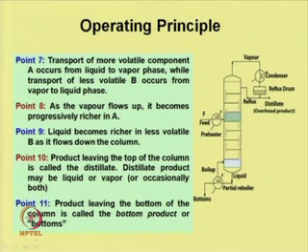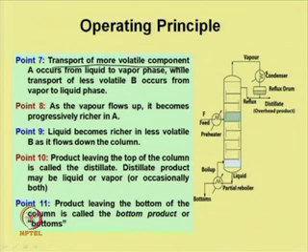Now, the transport of the more volatile component A occurs from liquid to the vapor phase, while the transport of the less volatile component B occurs from vapor to the liquid phase.